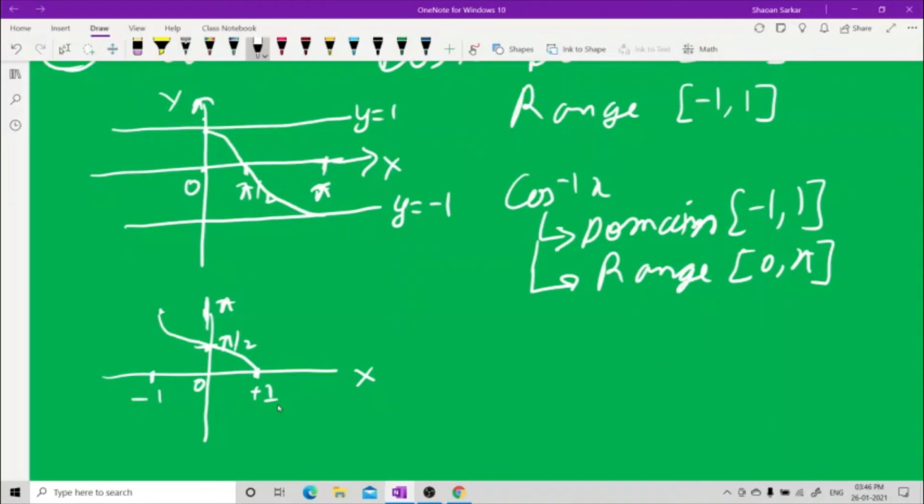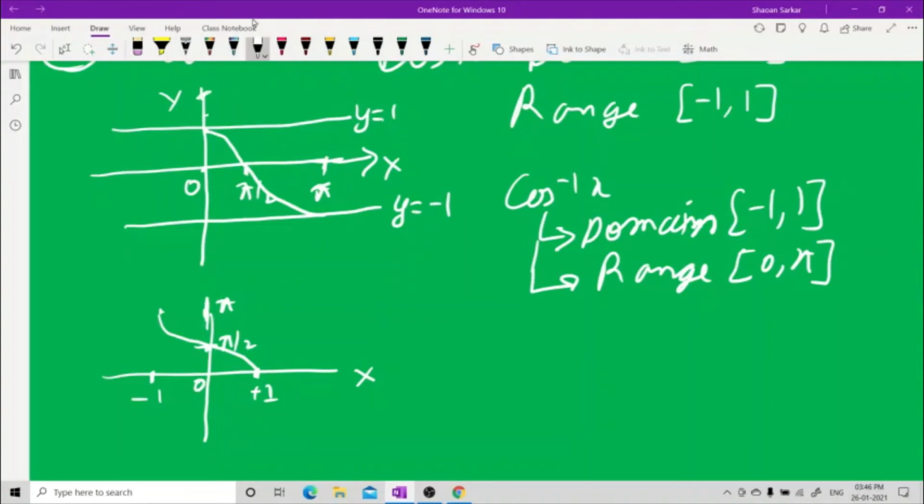So if I want to draw this graph, let me take a different color somewhere. Let me rub this much portion. Oh, my whole y-axis went away. This is my y-axis.